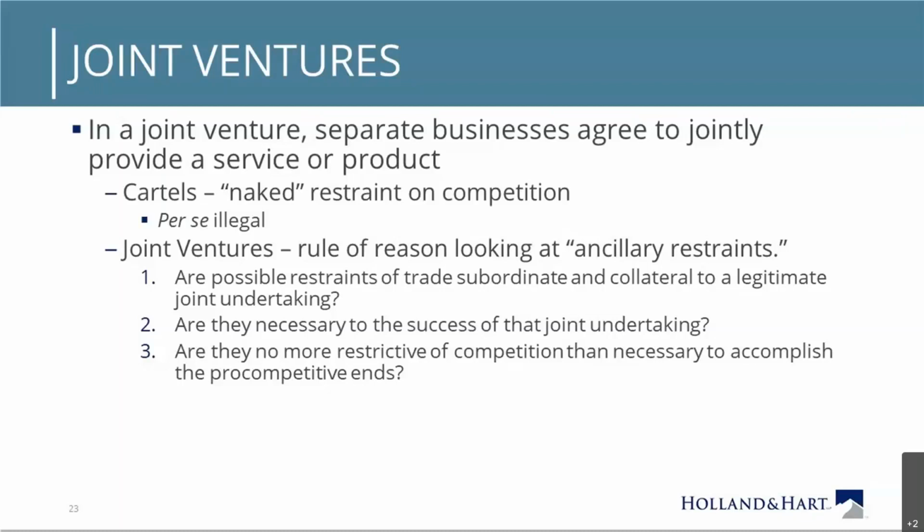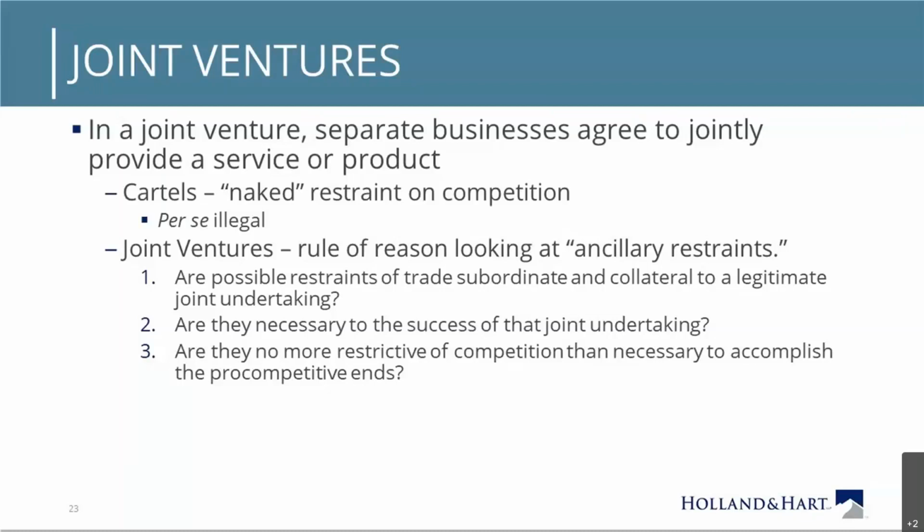Joint ventures, though, can be used to provide pro-competitive benefits to consumers. And so the agencies and courts will look at whether the restraints on competition are ancillary to a legitimate business purpose. So they'll look at three things.